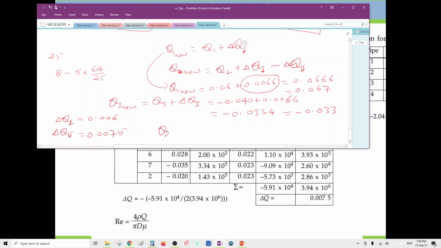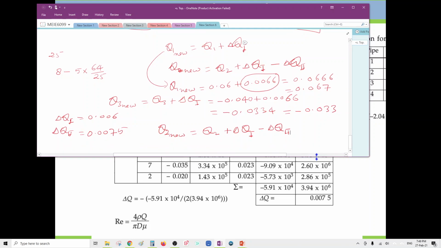So when we do it for Q2 new, it should be Q2 plus delta Q from loop 1 minus delta Q from loop 2.